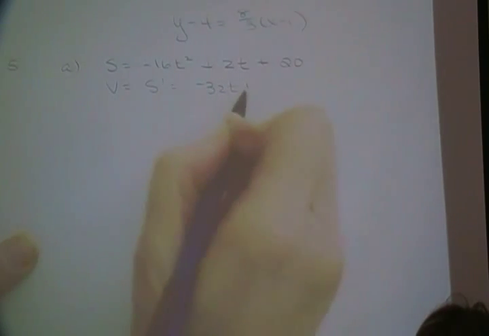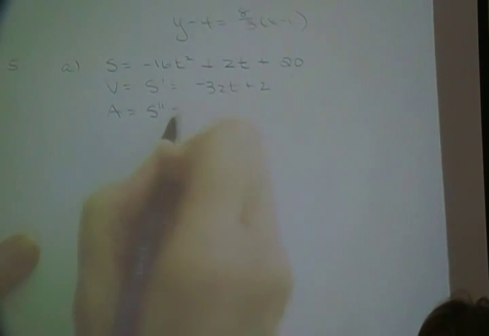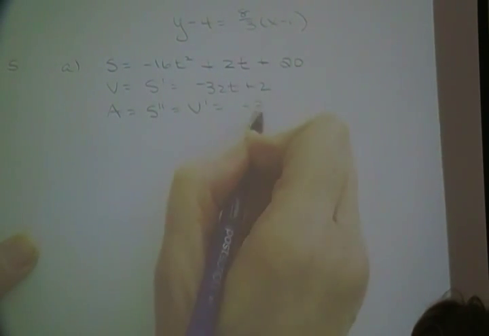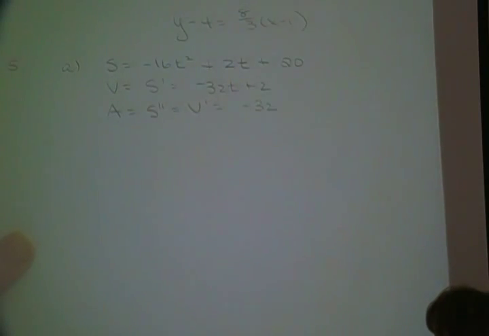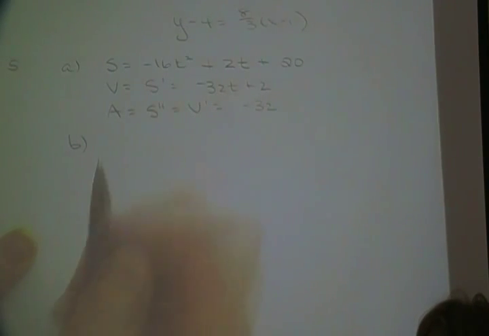Velocity comes from the derivative of position, -32t plus 2. Acceleration comes from the second derivative of position or the first derivative of velocity, but it's always a constant, -32. Next, I was asked, when does he reach his highest point and what is it?